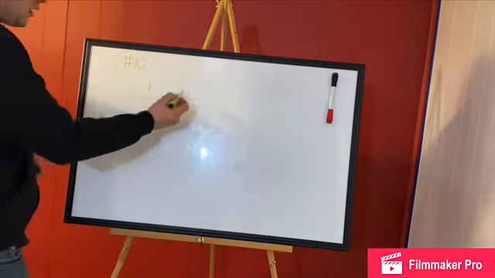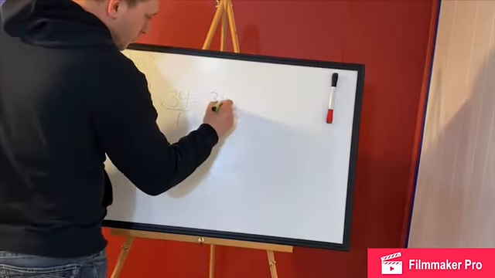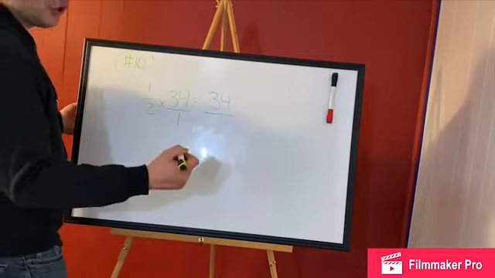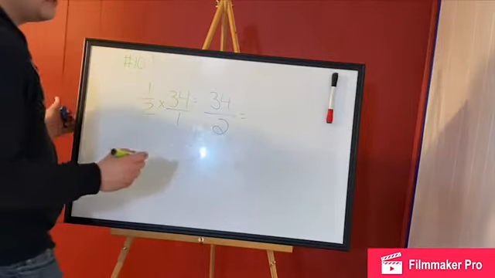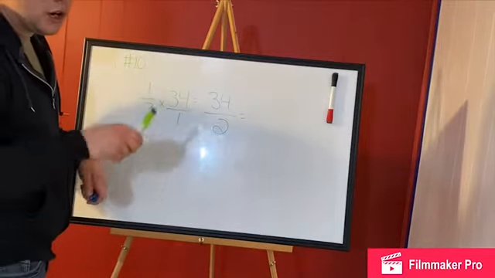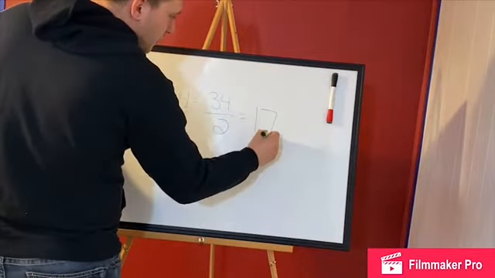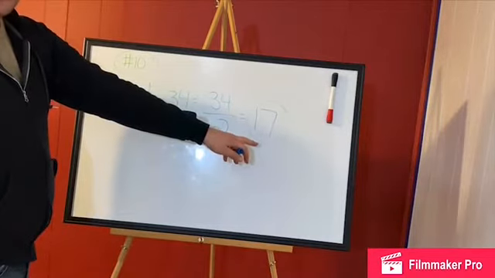So 1 times 34, 34, over 2 times 1, 2. Now, 34 divided by 2 is, drum roll, 17. So our answer for number 10 is 17.